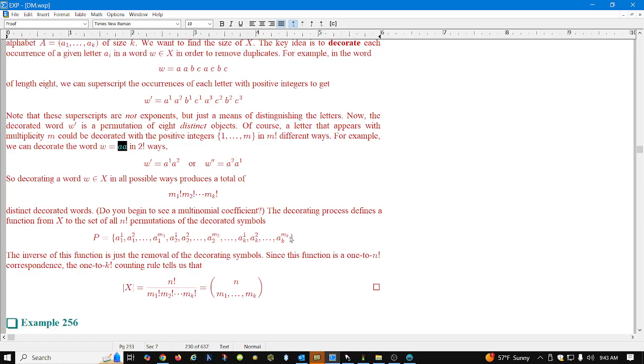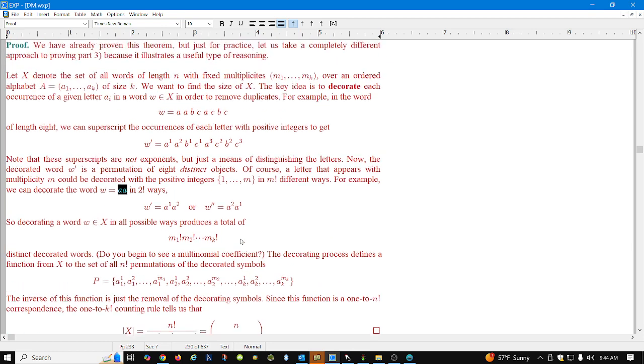The inverse of this function is just erase the superscripts, right? This is a 1 to n factorial correspondence. And so the 1 to k factorial counting rule tells us that the size of X is the size of the set P here, n factorial, divided by this product of factorials. And that's the multinomial coefficient. So we get the same result in an entirely different way.